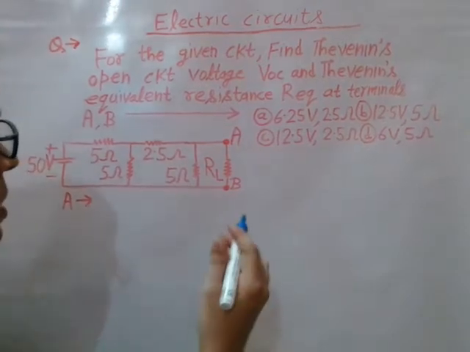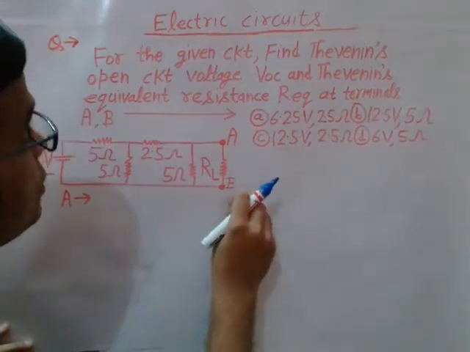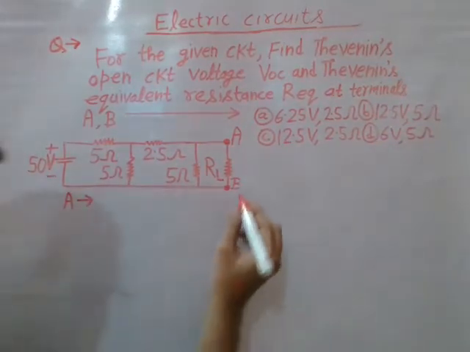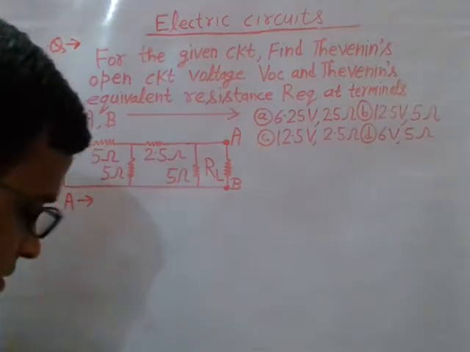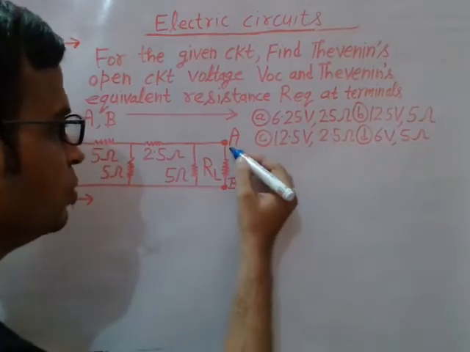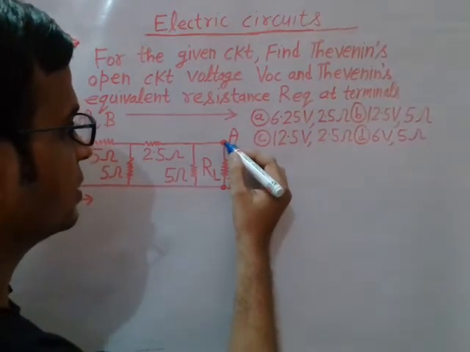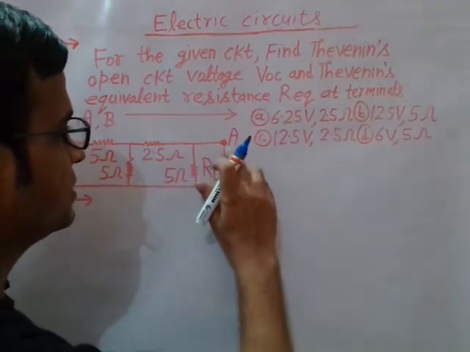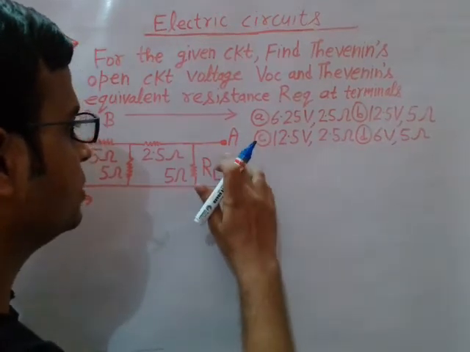So let us see the steps according to which we will calculate. What is the first step? In the very first step of a Thevenin theorem numerical, you have to remove this load resistance RL, which is connected across the terminals A and B. If any resistance is connected across these terminals, you will have to remove it first.